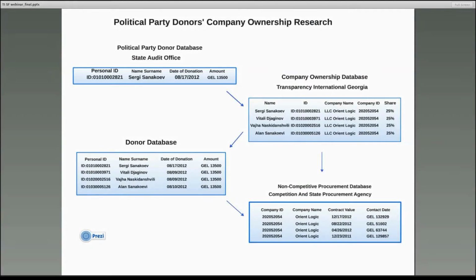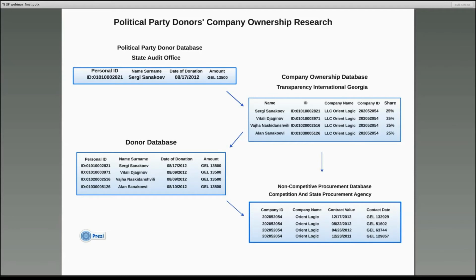For this research, we used several databases and we interconnected them with each other. We used the political party donor database by the State Audit Office and the company ownership database, which has been scraped by us, and we created a separate tool for that. Let's start exploring this example. For example, we have a person here, Sergei Sanakoev.